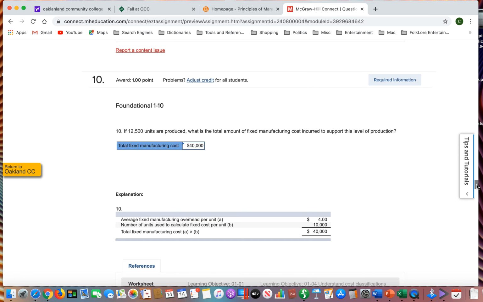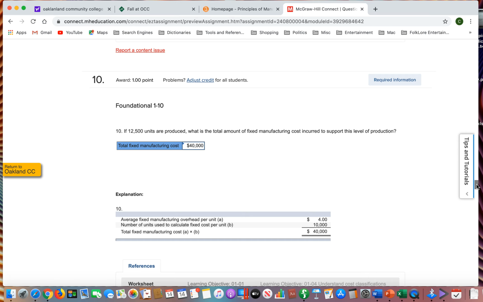And I don't like the way they worded it. It can make it confusing. It's going to be 40,000 no matter what, because it's within that range. And so per unit is going to drop, but the total is going to be the same, 40,000.